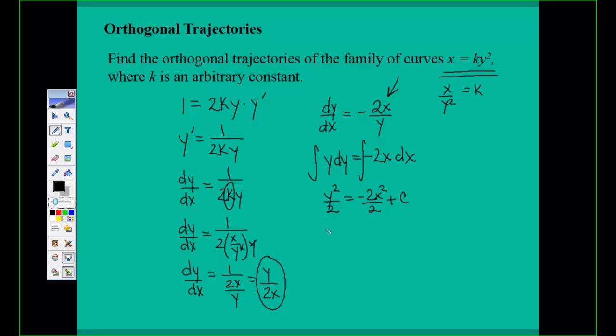If we simplified this a little bit, we'd have minus x squared plus c. I'm going to add the x squared because in this form it looks familiar. That looks like the equation of an ellipse. So this equation of the ellipse has orthogonal trajectories with this equation here.